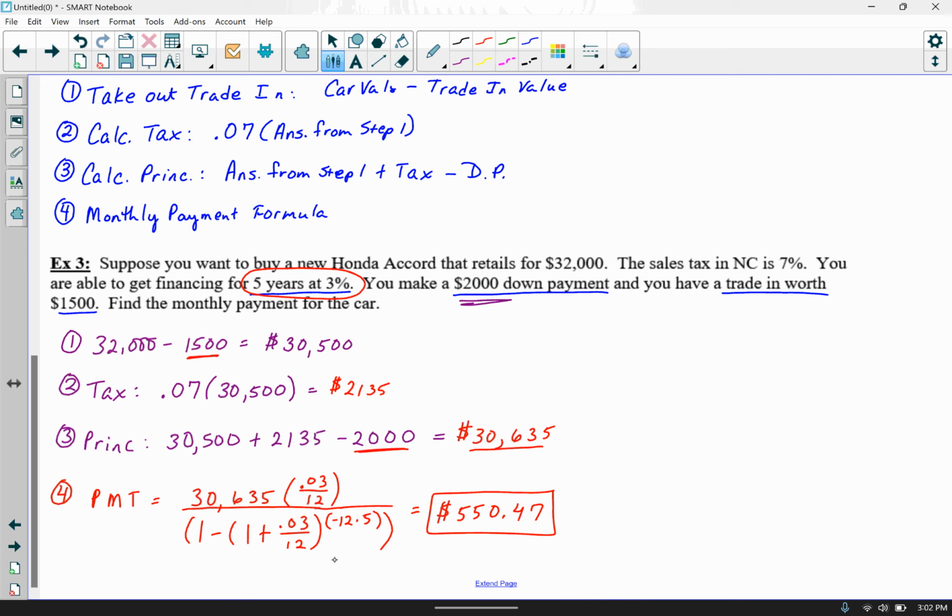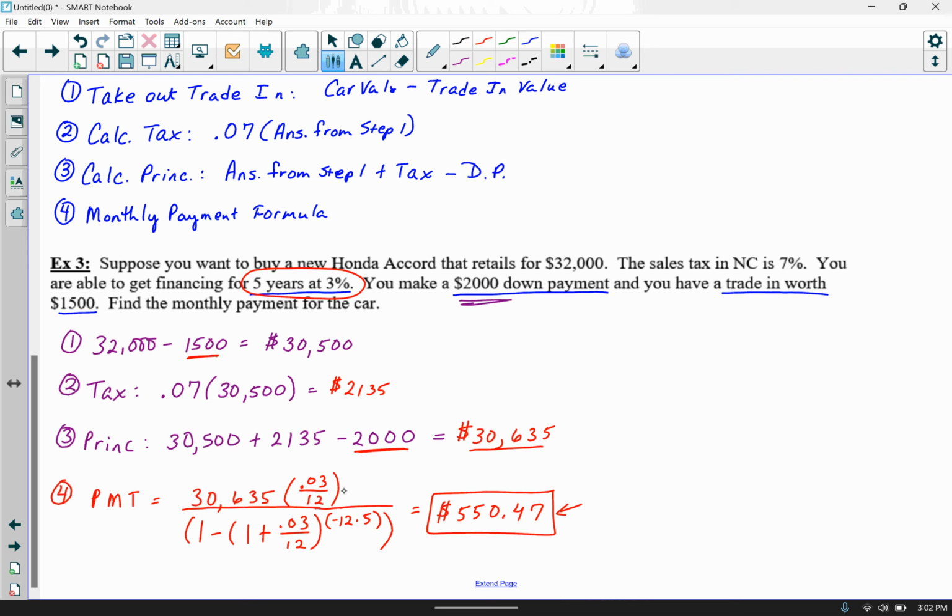All of those could potentially reduce your monthly payment if you had your heart set on that particular car. Not all of those can happen, but those are all things that would play a factor in reducing how much you're going to finance, which could then reduce your monthly payment.